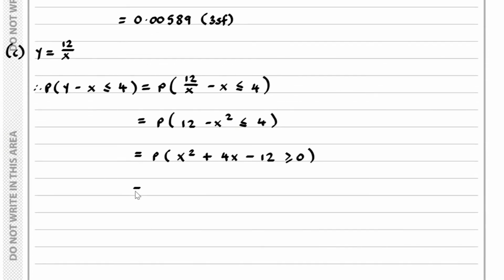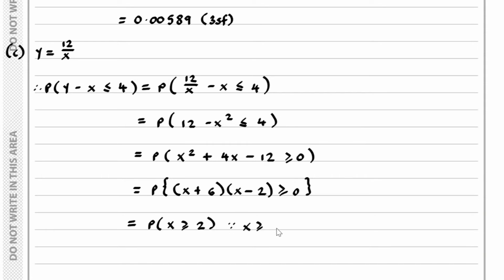And I can factorize this. I've got the probability that x plus 6 multiplied by x minus 2 is greater or equal to 0. And this is going to be the probability that x is greater or equal to 2. And that's because x is greater than 0.